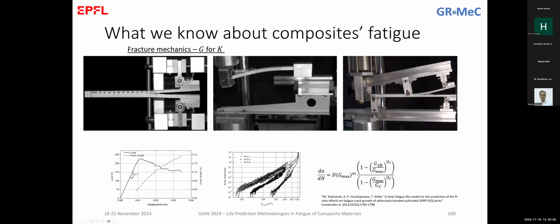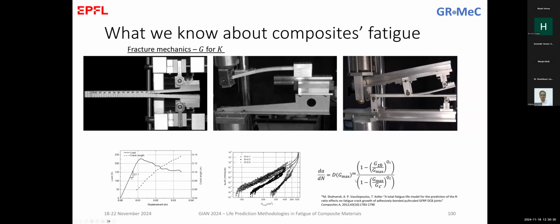Here we have a joint with a 2 millimeter adhesive layer as a connection between the two adherends, and we managed to plot, you remember we discussed before, the Paris plots, the FCG curves. So we've seen that the Paris plot can be useful here, but we also introduced additional parameters to do a total fatigue life modeling.